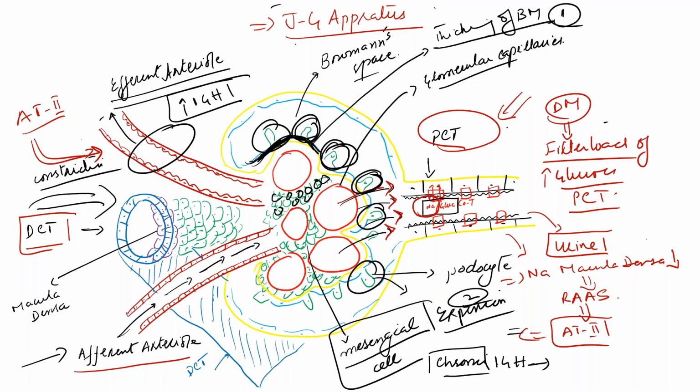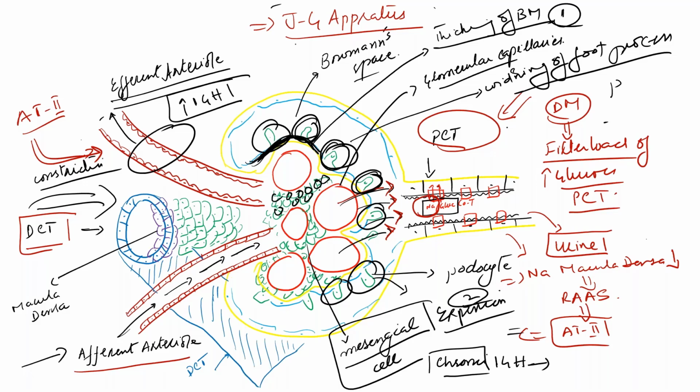There will be widening of these foot processes, and that will result in proteinuria, which is the earliest sign of diabetic nephropathy.